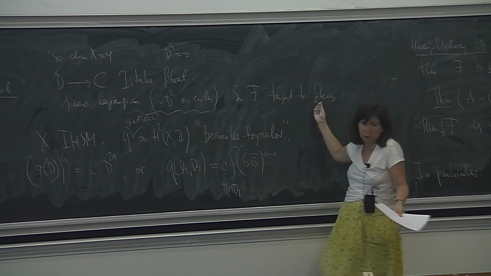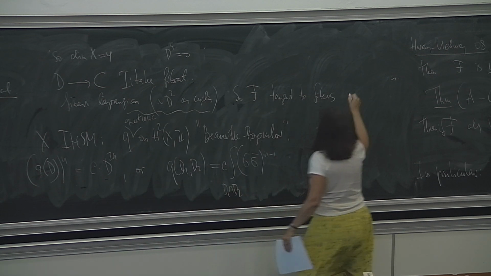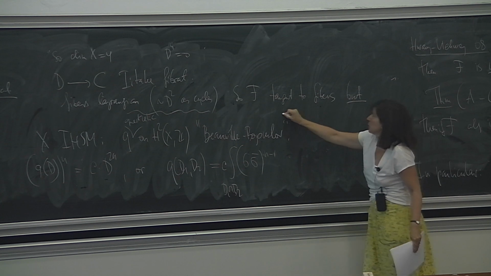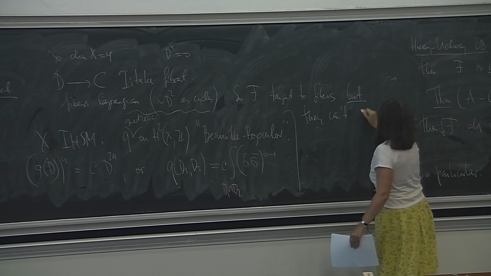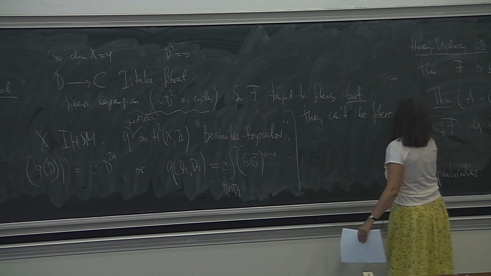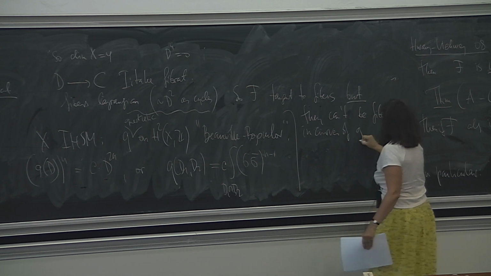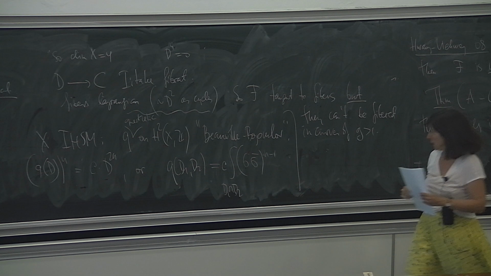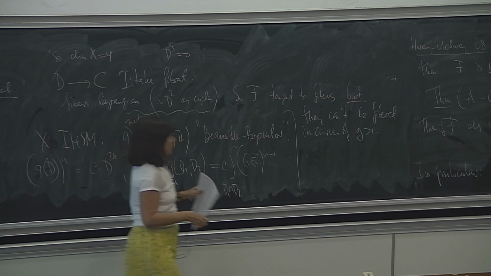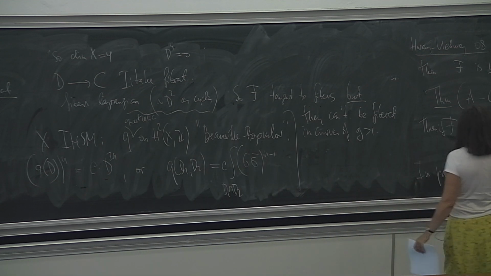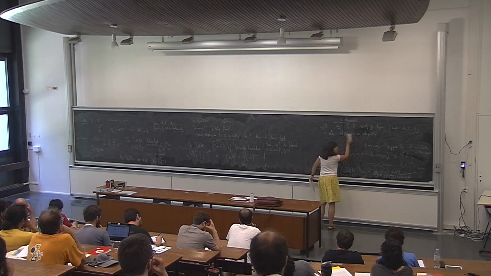And they just cannot be fibered in curves of genus greater than 1. Well, I am going into some detail here because this kind of argument, in fact, will be used a couple of times in this story. But the story I want to tell is more recent.